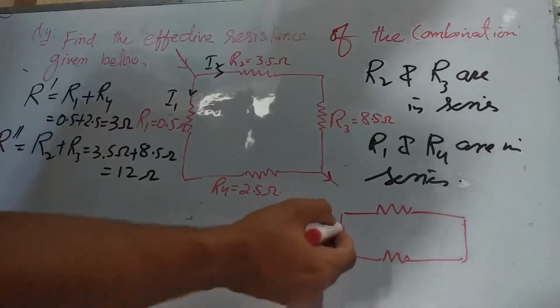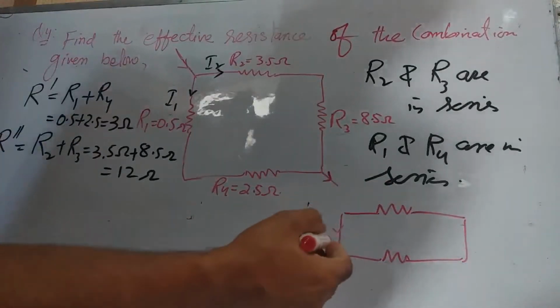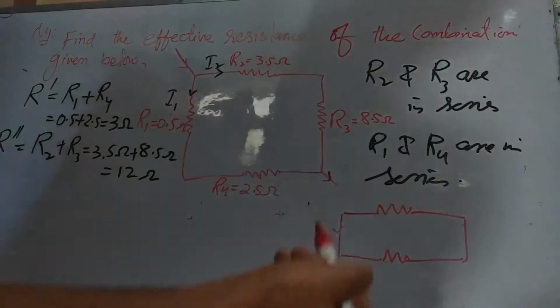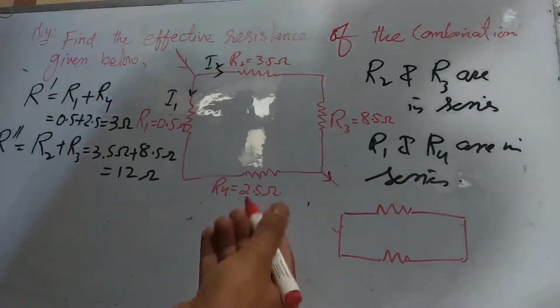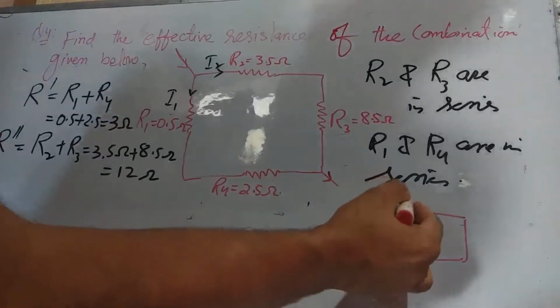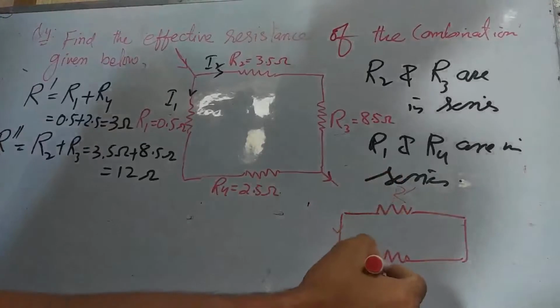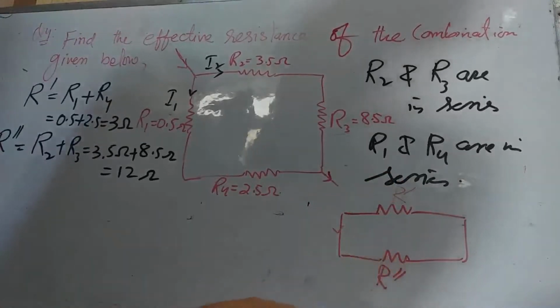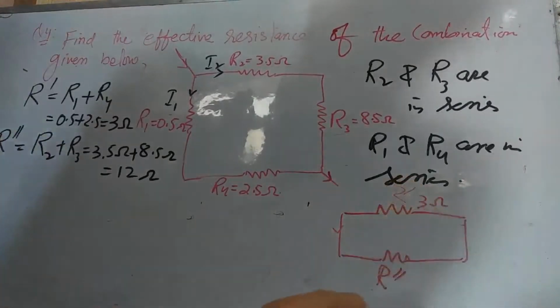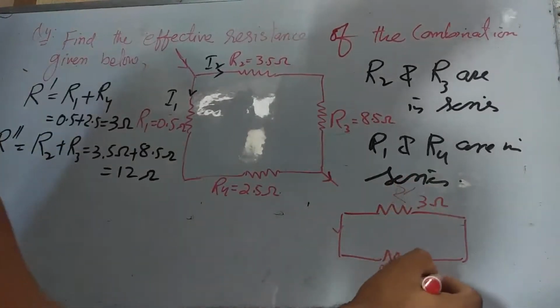Here it is current I, the net current. Here it is resistance R dash, and here it is R double dash. R dash is 3 ohm and R double dash is 12 ohm.